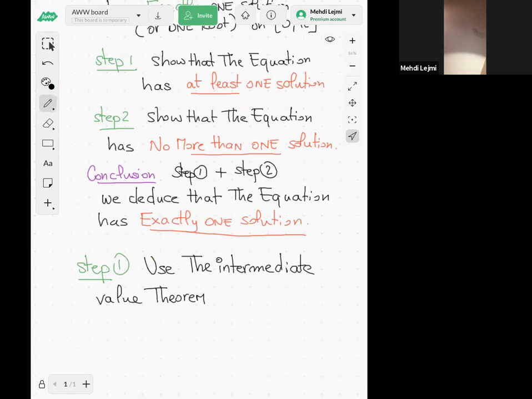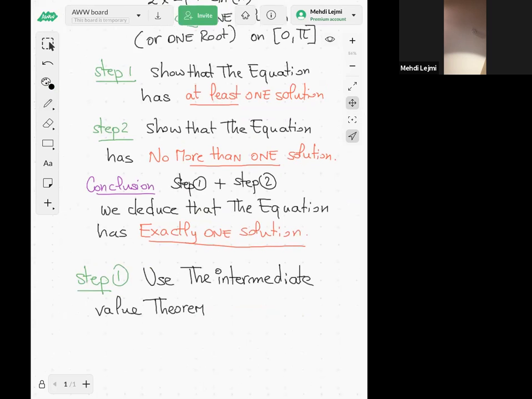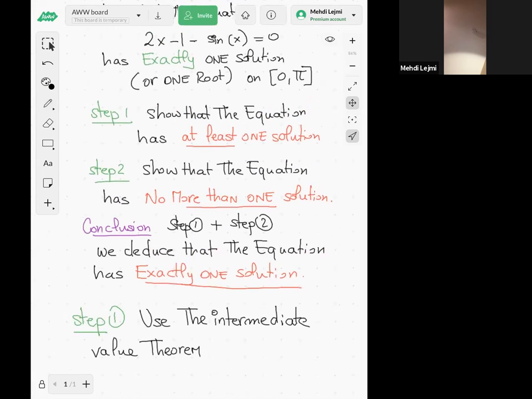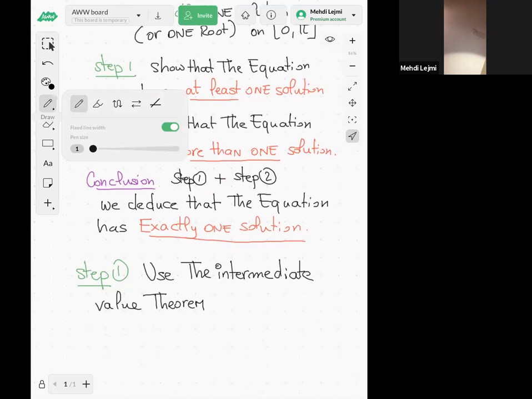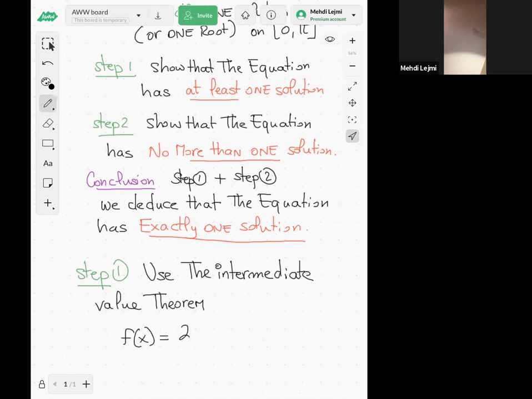Well, I'm going to define my function f of x as 2x minus 1 minus sine of x, right? So let's say my f of x is 2x minus 1 minus sine of x.